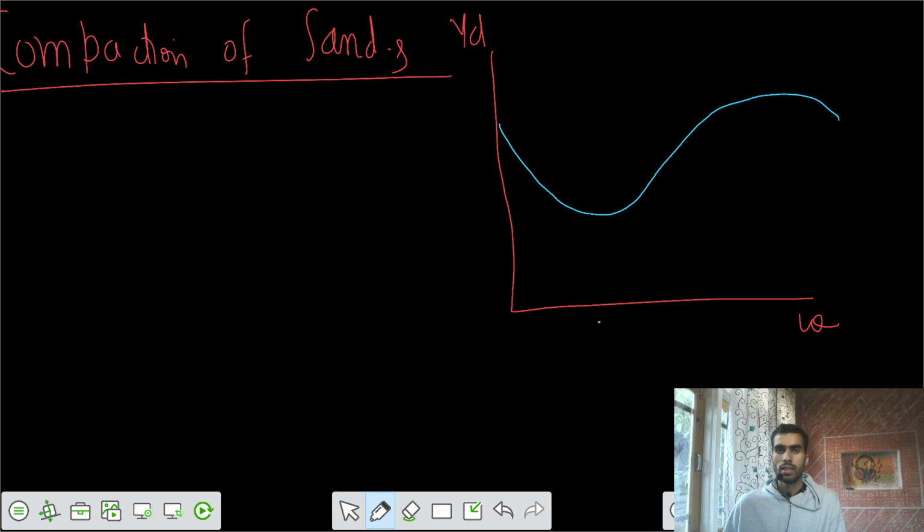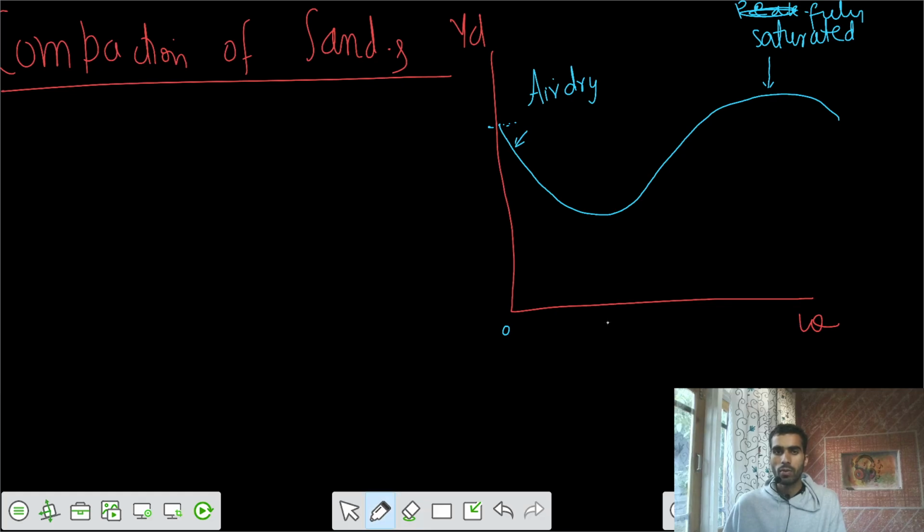Let's say we got one of the values here, gamma dry 1. This corresponds to water content initially 0, the air dry condition, and at this point the fully saturated condition, where the peak is observed.